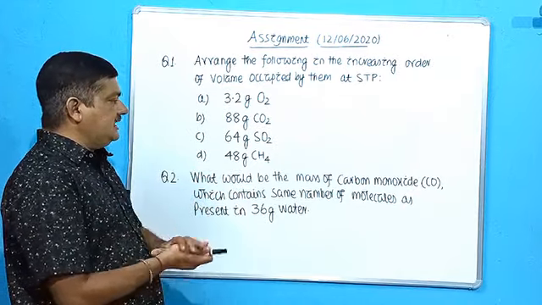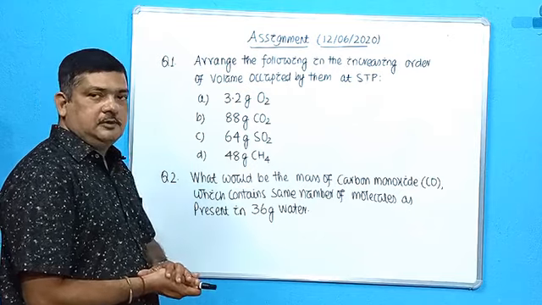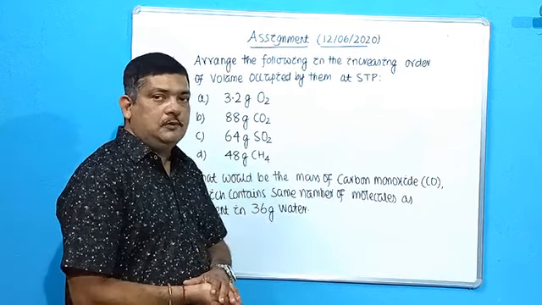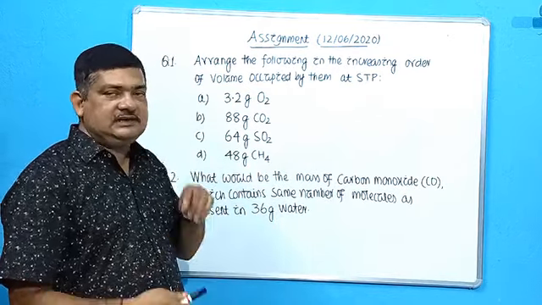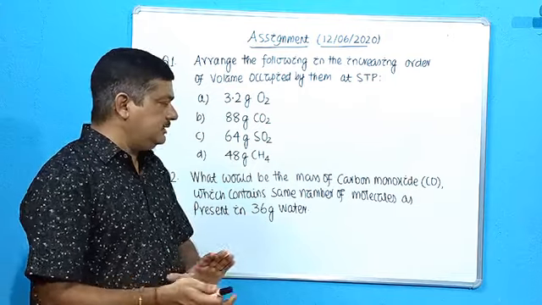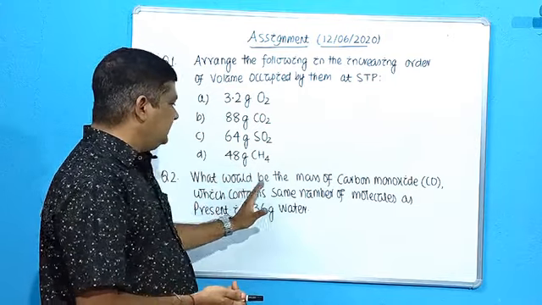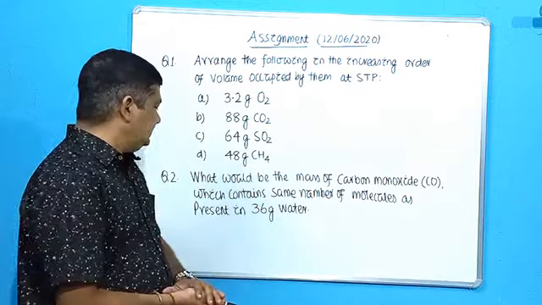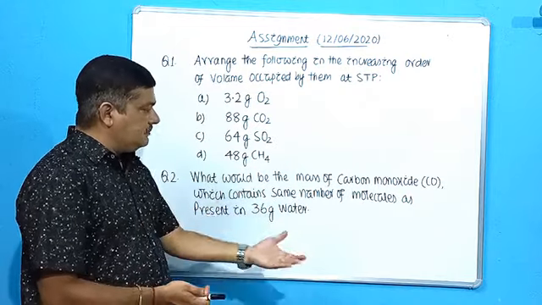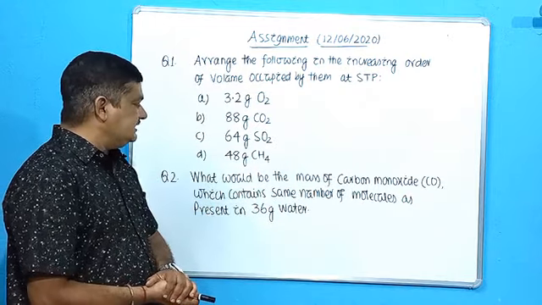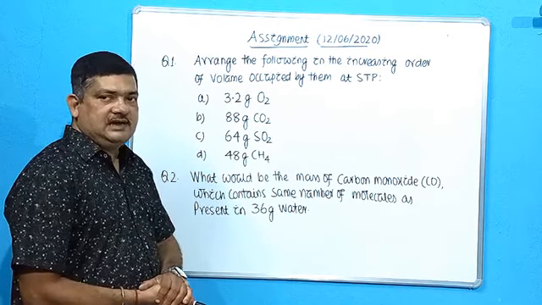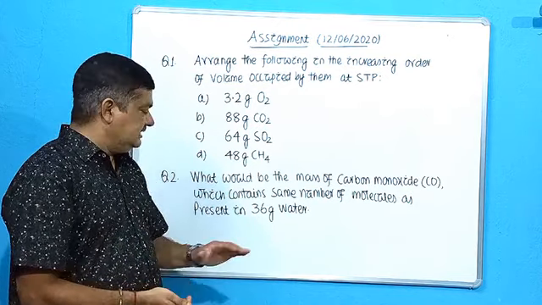Then next one: what will be the mass of carbon monoxide? You know the formula is CO. In case of incomplete combustion, carbon monoxide is produced. What will be the mass of carbon monoxide, CO, which contains the same number of molecules as present in 36 gram water? Again, this question has 2 parts.